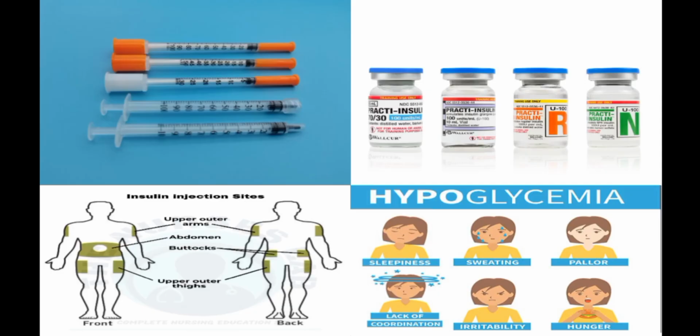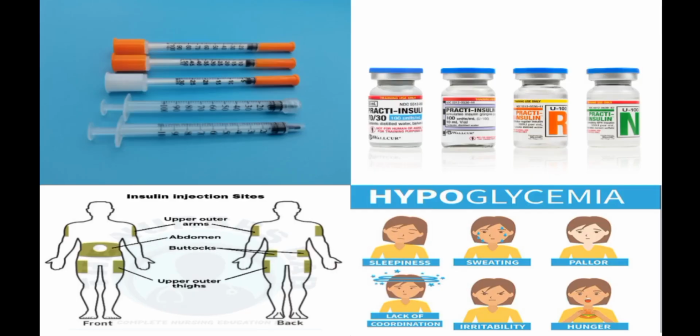We have what we call type 1 diabetes. Under type 1 diabetes, the pancreas produces little or no insulin, and patients require lifelong insulin therapy. Type 1 patients are also called insulin dependent.